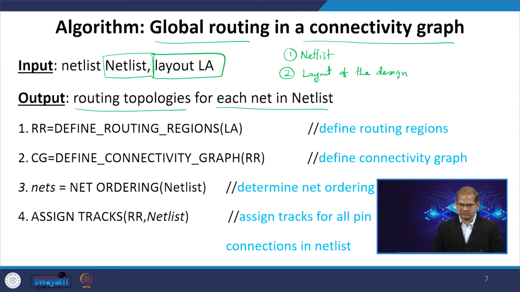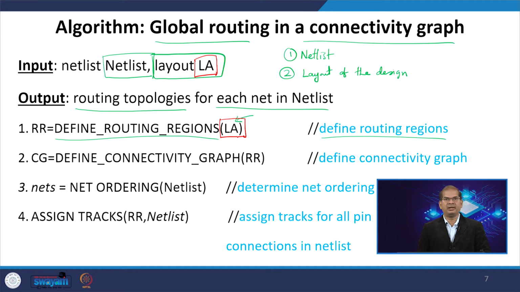The first step is defining the routing regions. The input to that function is our layout LA, and the function is define routing region. The output is RR.